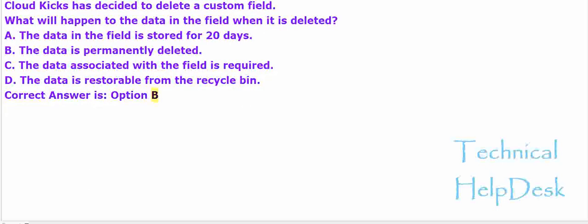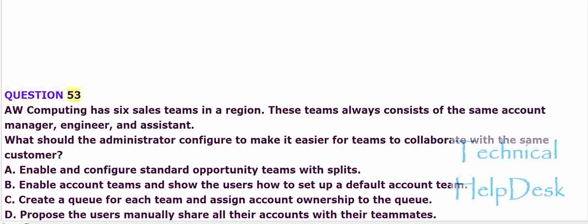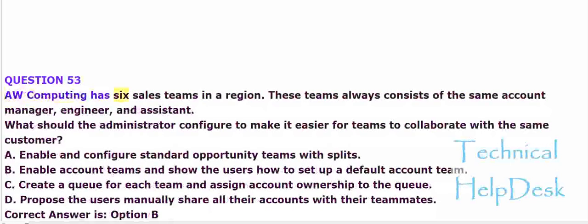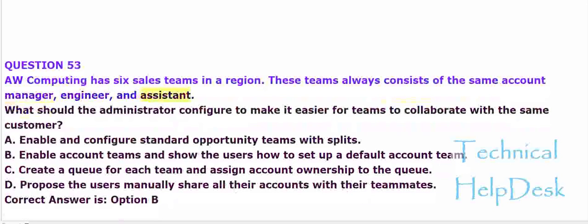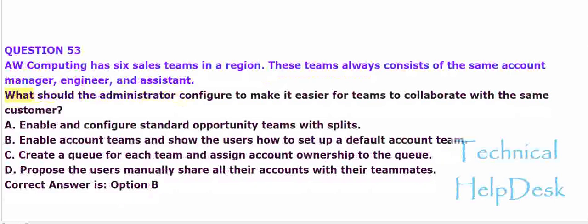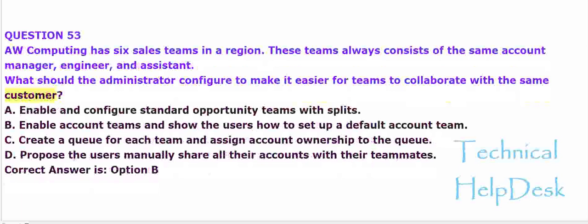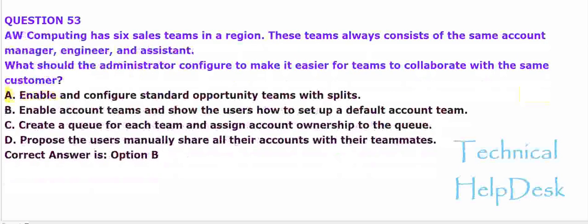Question 53. Cloud Kicks has 6 sales teams in a region. These teams always consist of the same account manager, engineer, and assistant. What should the administrator configure to make it easier for teams to collaborate with the same customer? A. Enable and configure standard opportunity teams with splits.